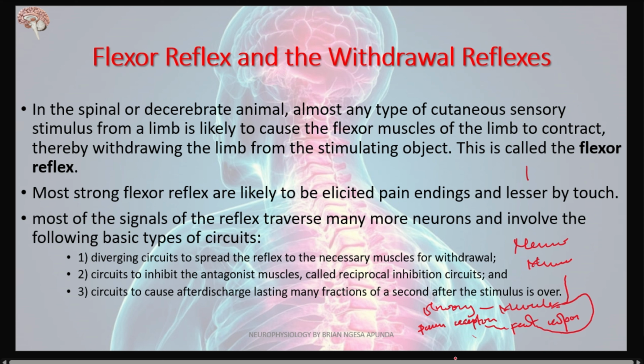The interneurons are likely to be excitatory, whereby if an excitatory interneuron is involved, it will cause the muscle to contract, and gain the ability to withdraw from the offending object. So this is the flexor reflex or the withdrawal reflex.